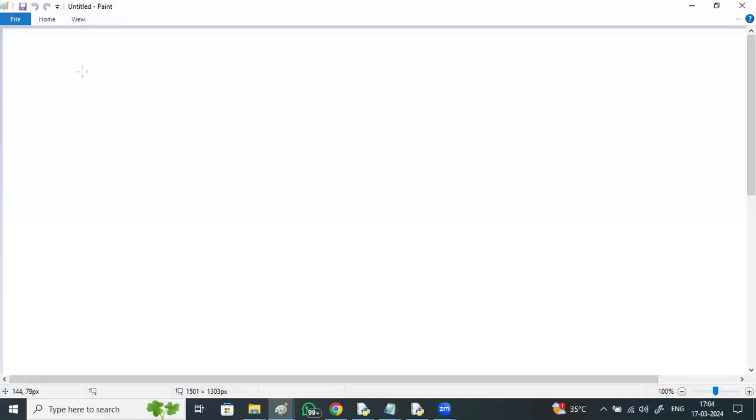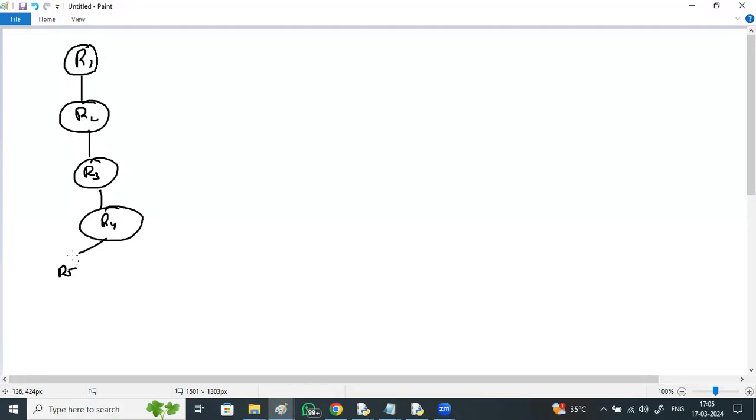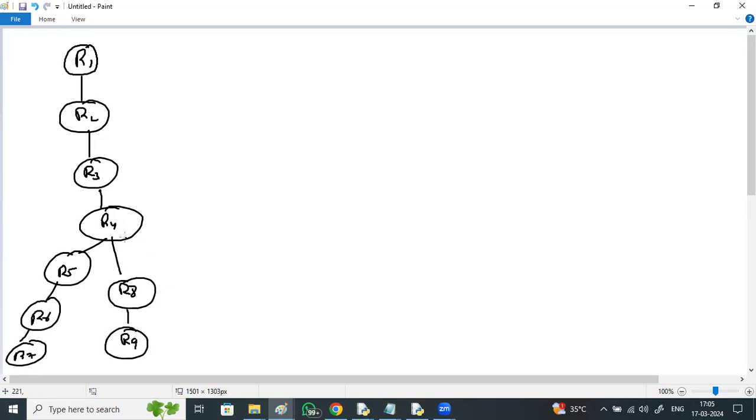Observe this data flow, right? R1, R2... See, there are three flows here.